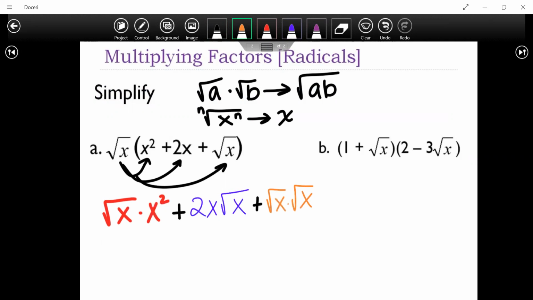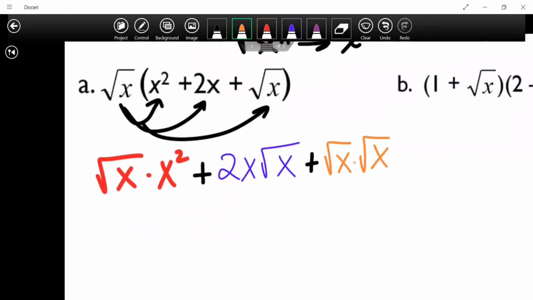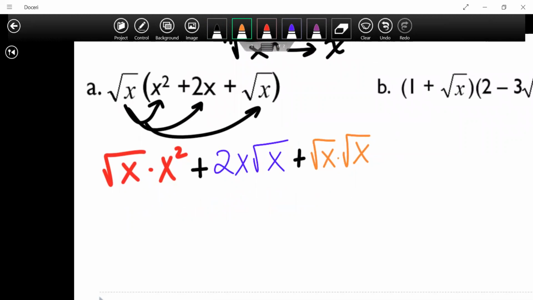Now we have both exponents and radicals. Not good for us. It's okay, we're going to be able to do this. For me, it's easier to convert back into exponential form. So I'm going to do each one of these terms. I'm going to write this as x to the 1/2 times x squared.